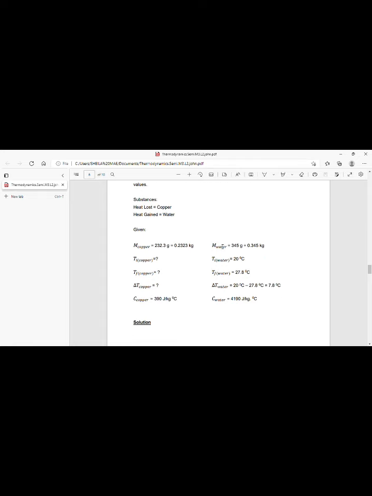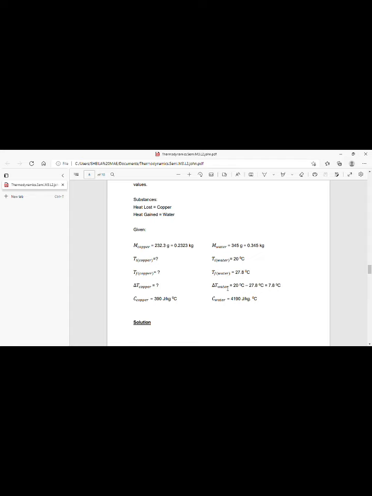The mass of water is 345 grams, converted to kilograms. The initial temperature of the water is equal to 20 degrees Celsius. The final temperature of the water is 27.8 degrees Celsius.